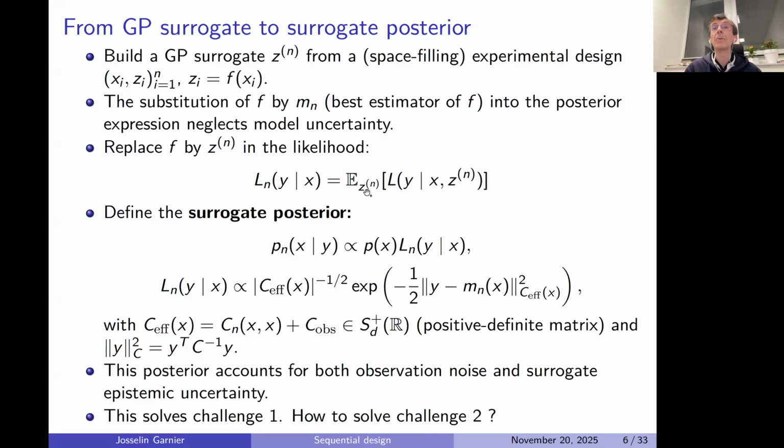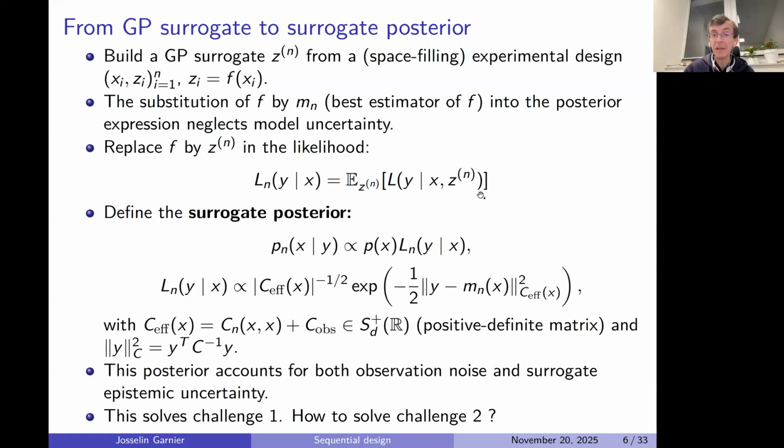So what you do is that you will marginalize, you will integrate with respect to the distribution of the meta model, of the surrogate model. You take the expectation with respect to the distribution of the GP that you do know. So this makes sense. And then you substitute that into the Bayes theorem, and you end up with a posterior distribution of x given y that has always this form, product of a prior times an effective likelihood.